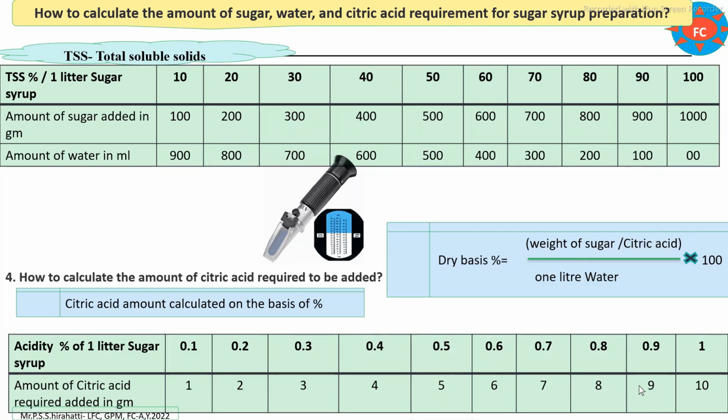This calculation is related to 1 liter of water or 1 liter of sugar syrup. If you require 0.8% citric acid in the final sugar syrup, add 8 gram of citric acid, then you get 0.8% citric acid in the final sugar syrup.